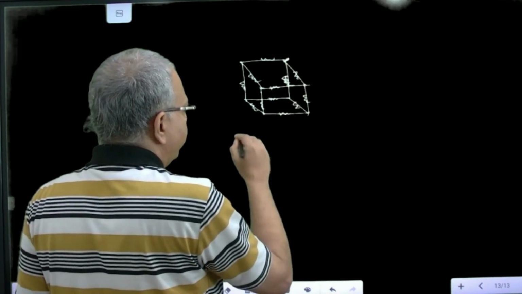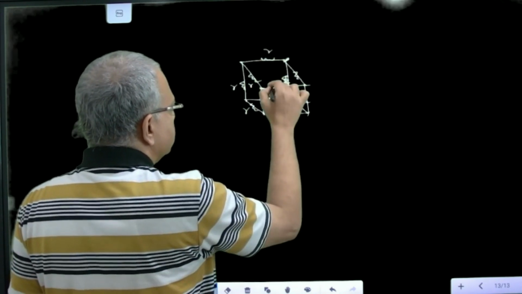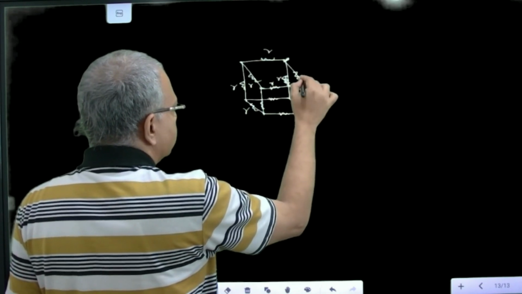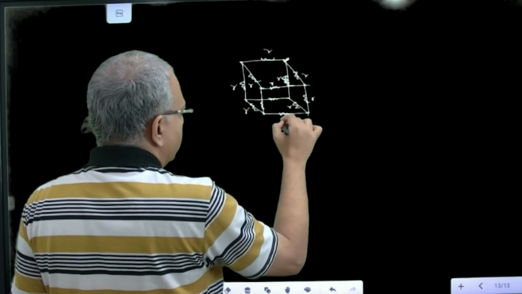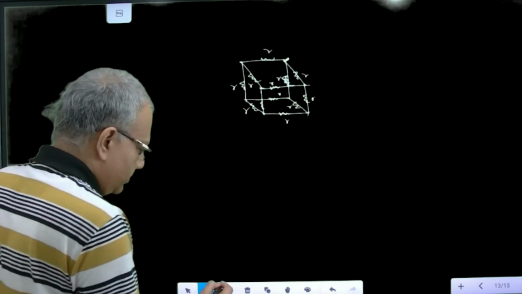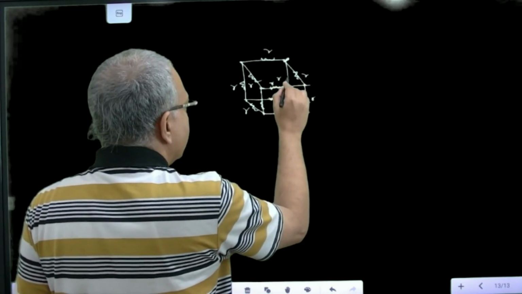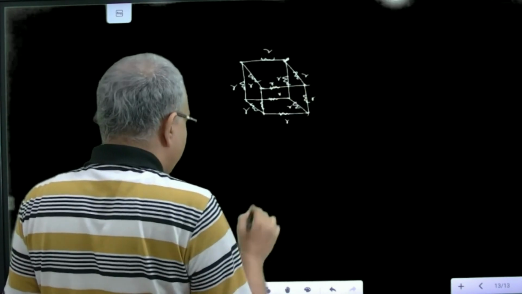I want to find, and each and every resistance is R. I want to find the equivalent resistance across the diagonal.